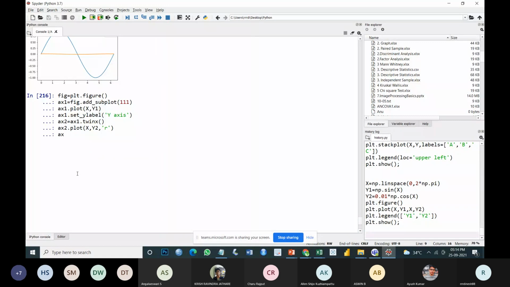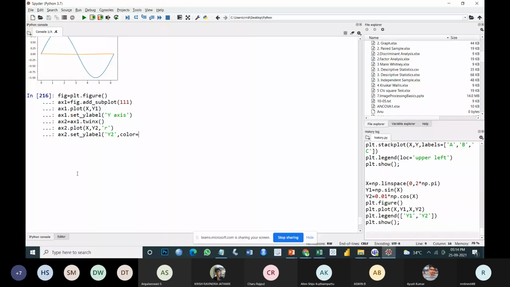Then ax2.set_ylabel, color equal to r. So we draw the dual axis.